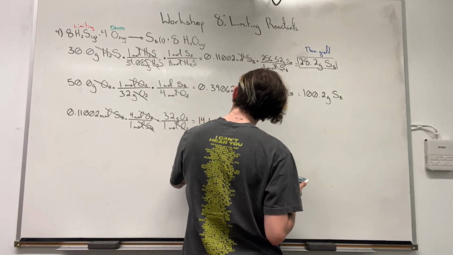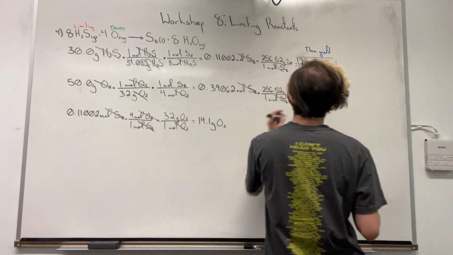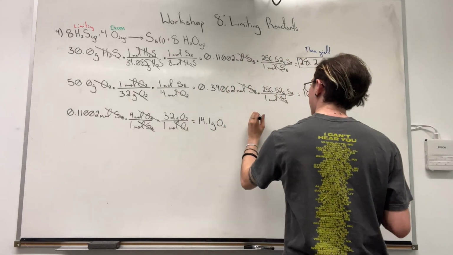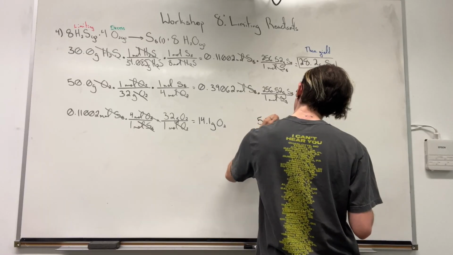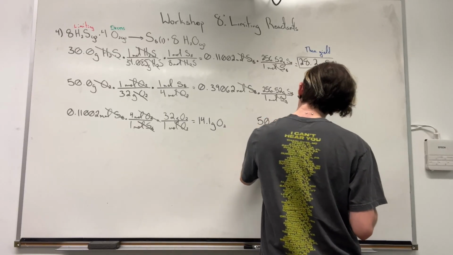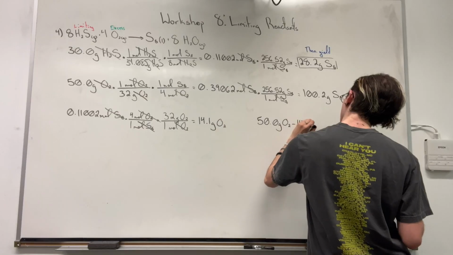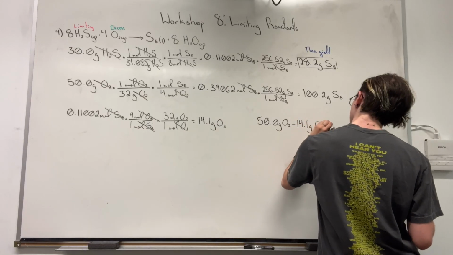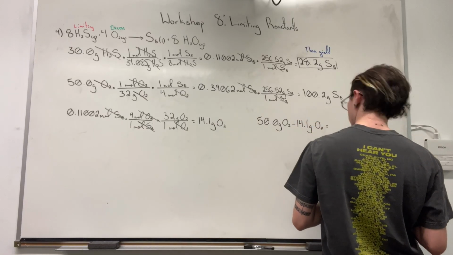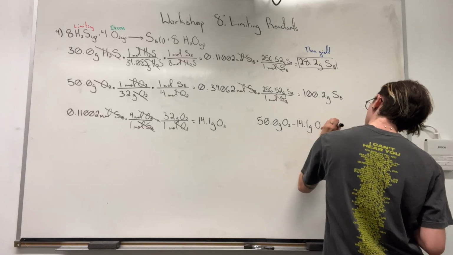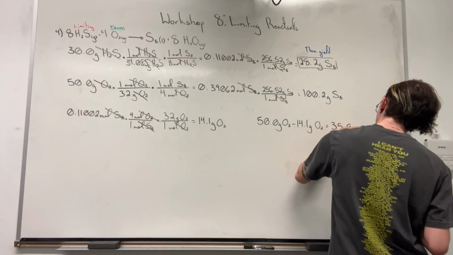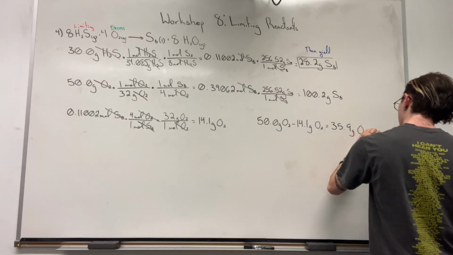14.1 grams of oxygen. And so we have 50 grams to start with. We only need 14.1. And so we're going to have 35.9 grams of oxygen in excess.